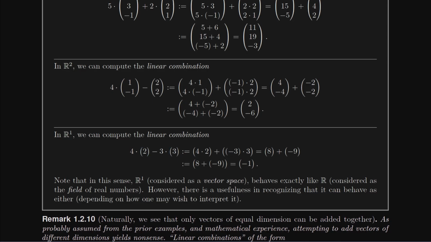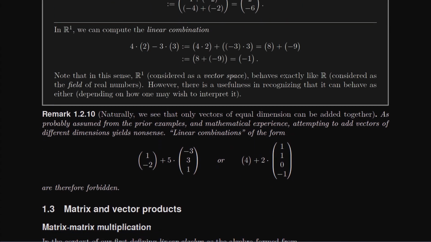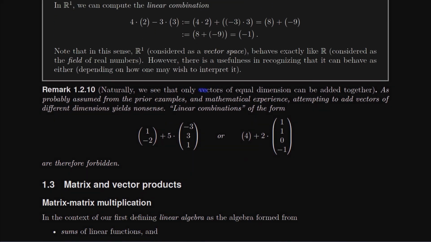Technically you can consider them as vectors if you would like to, and you can still consider these vector operations on them. Naturally, we see with our vector operations that vectors of equal dimension are the only ones that can be added together. And so if we ever tried to add something like a two-dimensional vector to a three-dimensional vector, that's forbidden, or maybe a one-dimensional vector to a four-dimensional vector, that's also going to be forbidden.